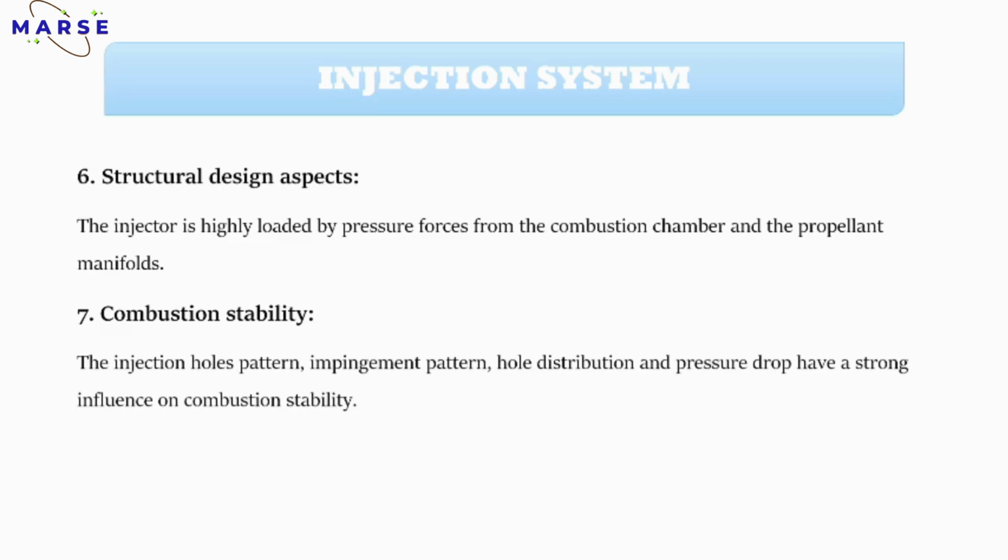Understood? The injection hole pattern, impingement pattern, hole distribution, and pressure drop have a strong influence on the combustion stability. Got it? So that's why combustion stability is also an important factor that influences the injector design.